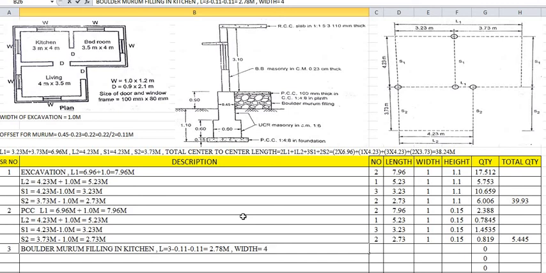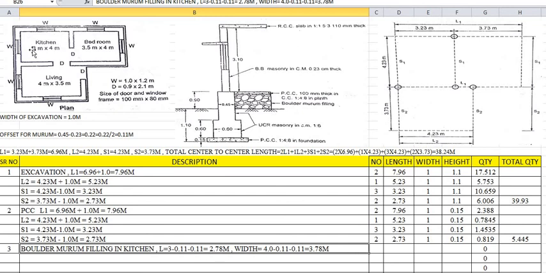That is 4 meters. 4 meters, again 0.11 for each side, minus 0.11. So 4 minus 0.22 is 3.78. So 3.78 is the width of the boulder filling along this kitchen.